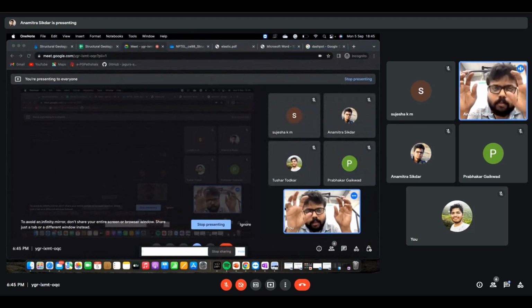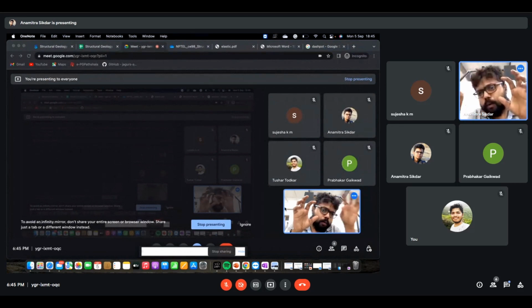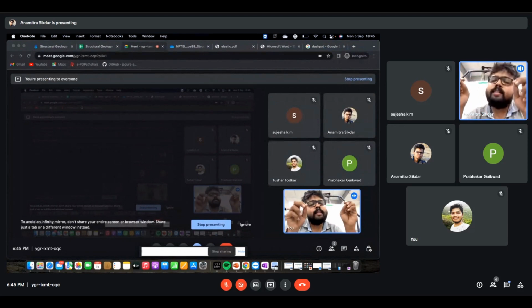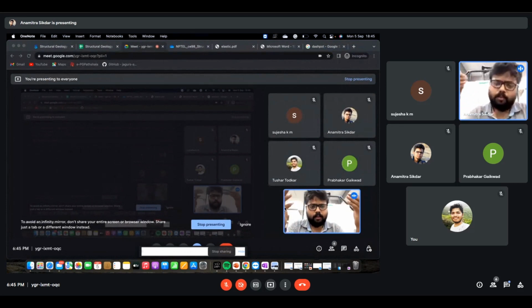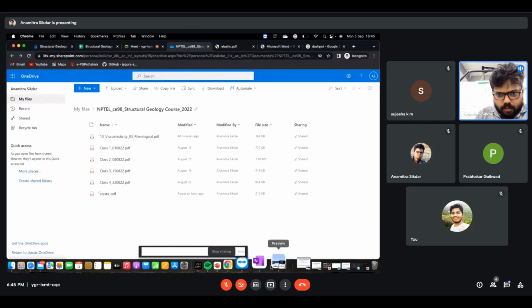If you make 4 grains out of that one grain, the grain size will definitely reduce. That's why in natural mylonites you see fine grained rock. The rock in mylonites or ultramylonites is very fine grained. It's different than the host rock, right?